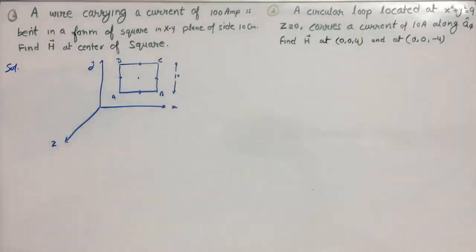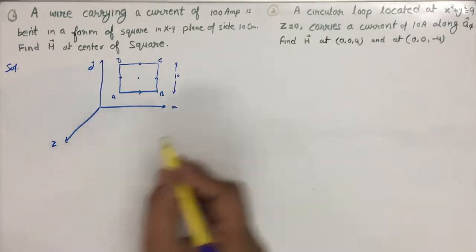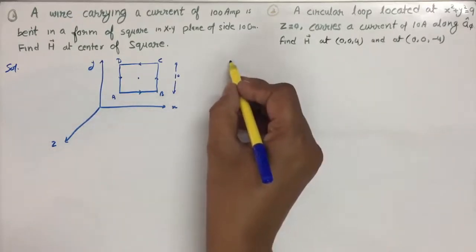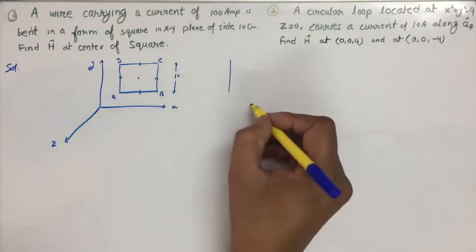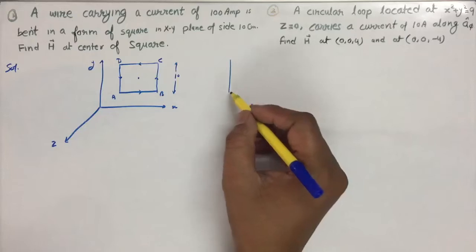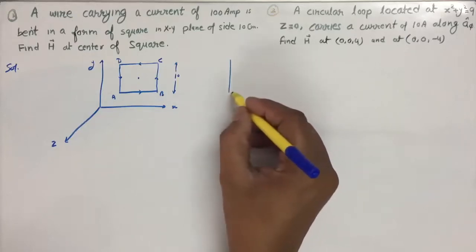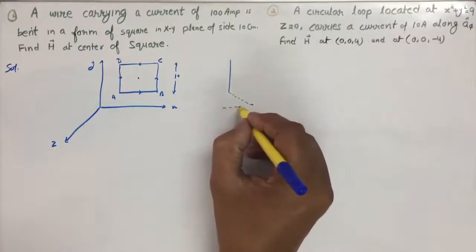And we know that if there is a current carrying conductor of finite length, the magnetic field intensity at any particular point can be found out through the formula.